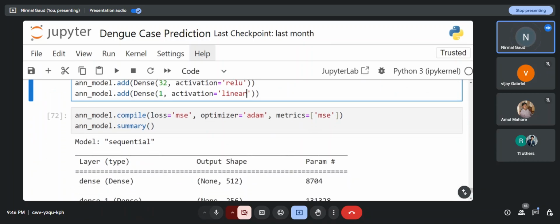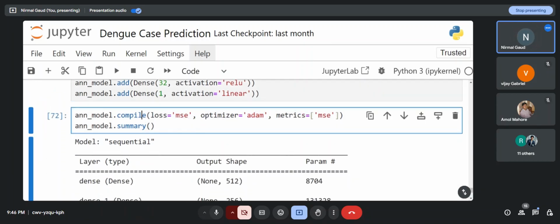Okay, I compiled my model. Understand, here the loss is MSE. When I was doing a classification problem, the loss was categorical cross entropy, binary cross entropy, sparse categorical cross entropy. But when you are doing a regression problem, the loss is MSE, mean square error. Your evaluation will also be MSE, mean square error.